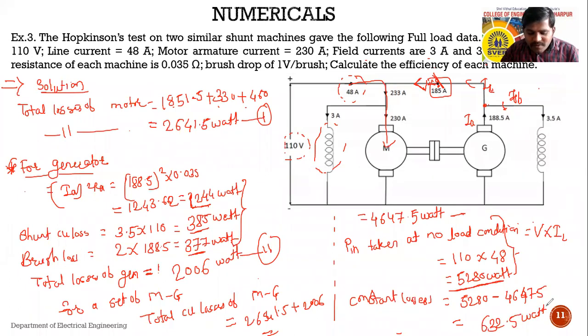Okay, so see whether these constant losses are for individual machine or it may be both MG set. Can anyone tell? हे जे constant losses आले 632.5 whether it is for each machine or total MG set. लॉसेस कोणते मायनस केलेत आपण? एका मशीनचे केले का बोथ मशीनचे?